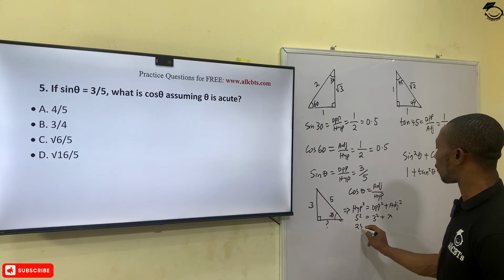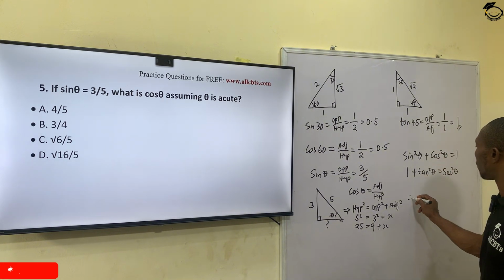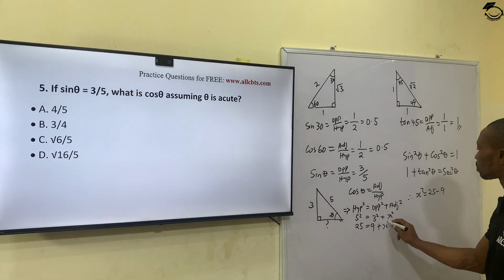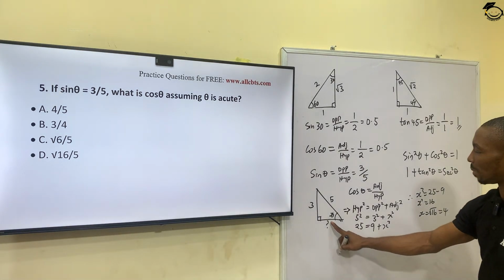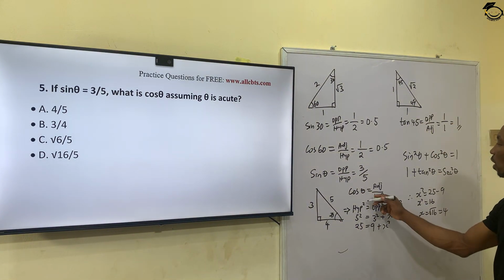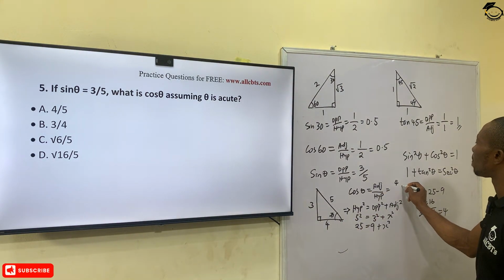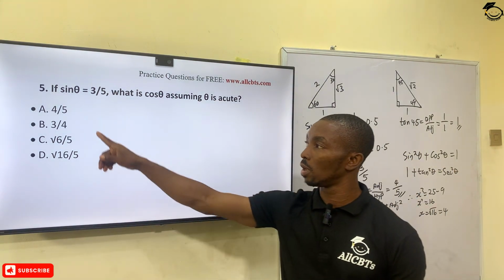So this becomes 25 equals 9 plus x squared. Therefore x squared equals 25 minus 9, so x squared equals 16. x equals root of 16, which gives us 4. So our adjacent would be 4. So cos theta would be adjacent over hypotenuse, which would be 4 over 5, which is our option A.